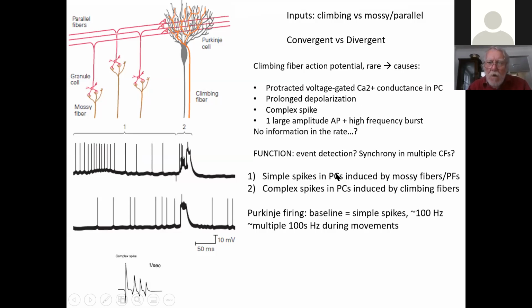And then Mossy fibers basically work through simple spikes in Purkinje cells, whereas climbing fibers work through complex spikes in Purkinje cells. Okay.